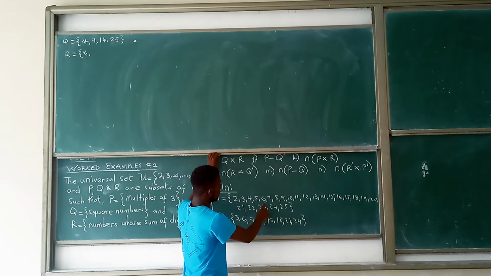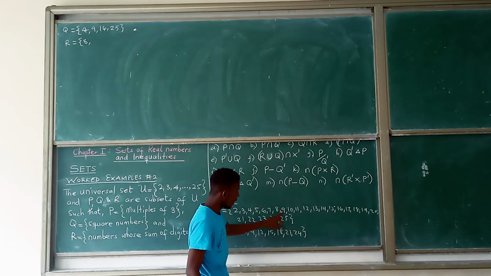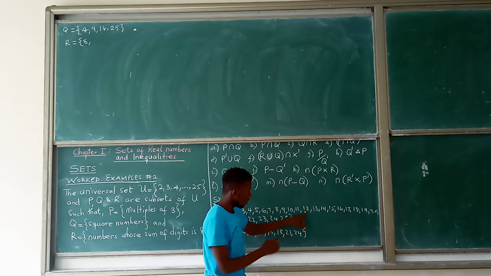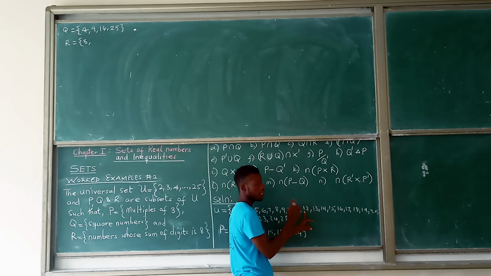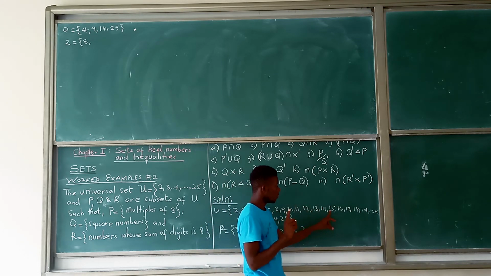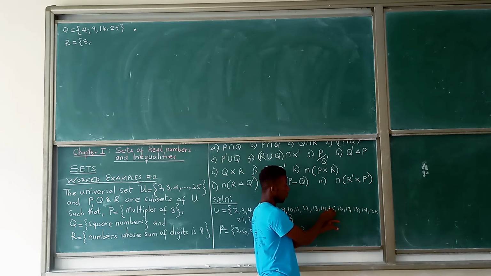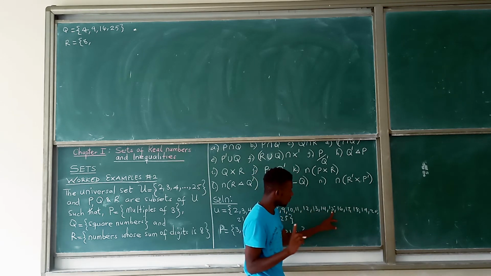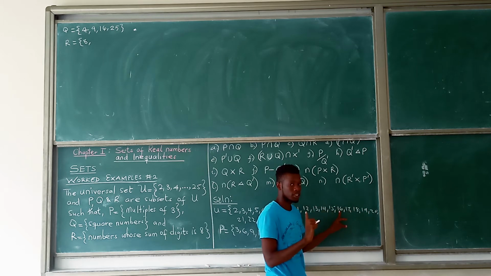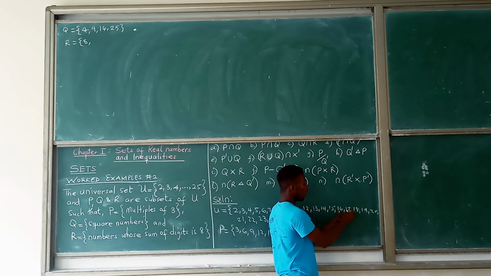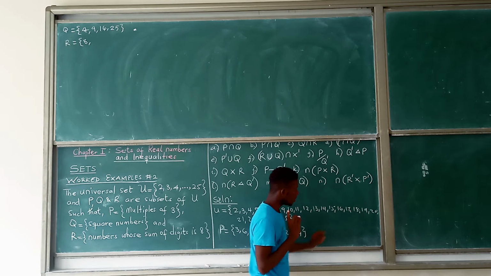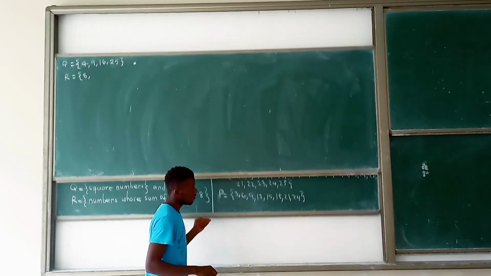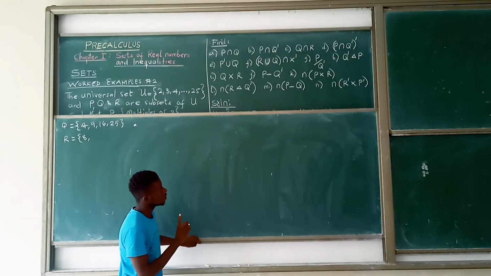We come here again and say we have 9, the sum of digits is not 8, 10, 11, 12. If you add 1 plus 2, you get 3 and not 8. So you get 15. 5 plus 1 is 6. That will not give you 8. 6 plus 1 is 7. It's not 8. But 7 plus 1 is 8. So the sum of this digit, 1 and 7, these two digits, their sum is 8.